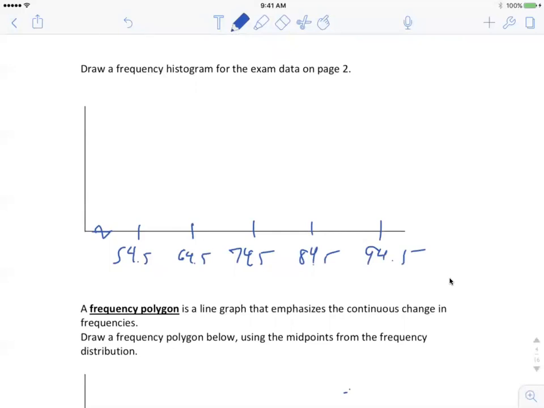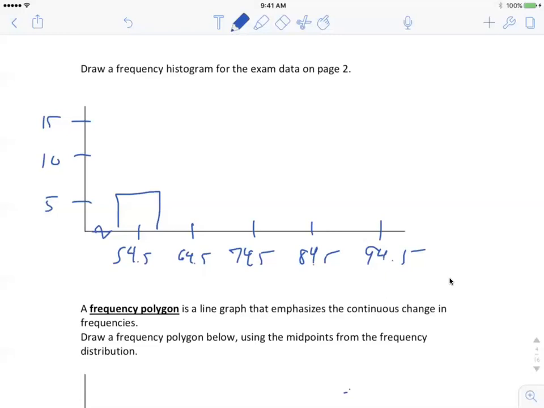And then that's going to be the center of each bar, right? And then the height of the bar is the frequency. So notice the highest one I had was 15. So over here, I'll probably just go 5, 10, 15, right? And then get it pretty close. So for the first one, the frequency was 6. So I'd go to there, right? The next one, the frequency was 4.